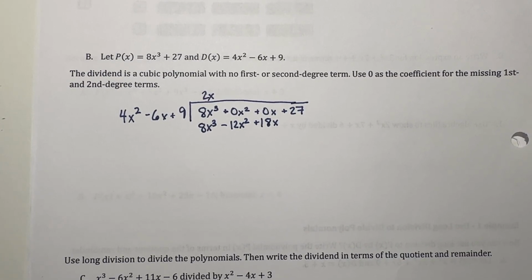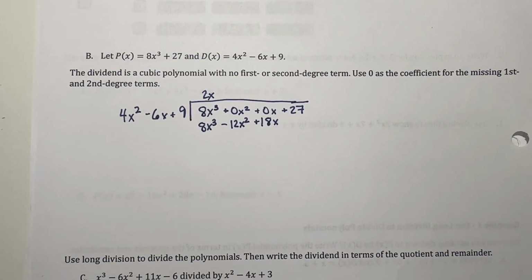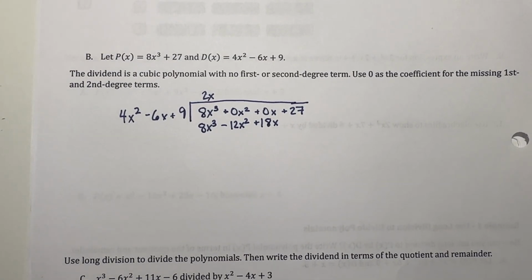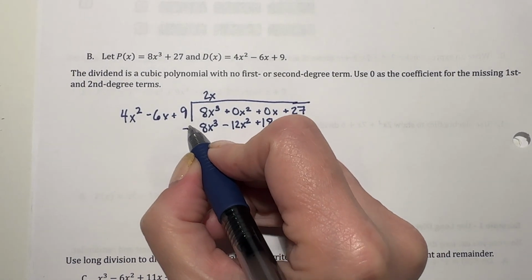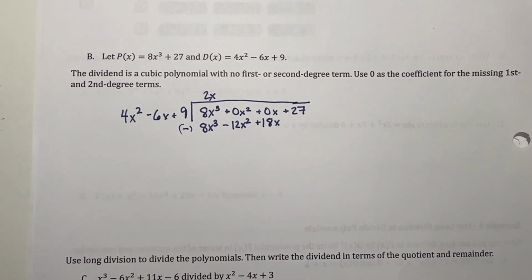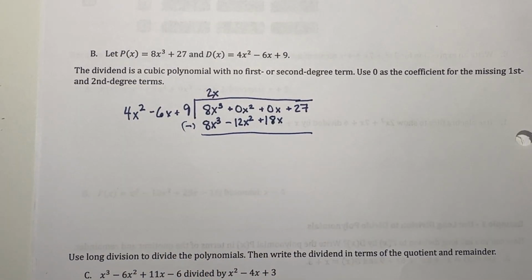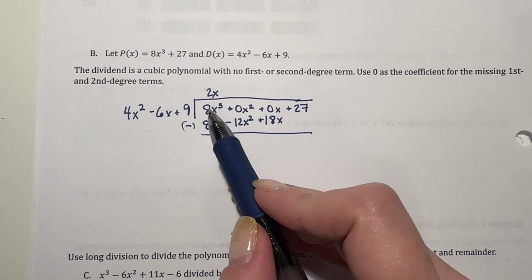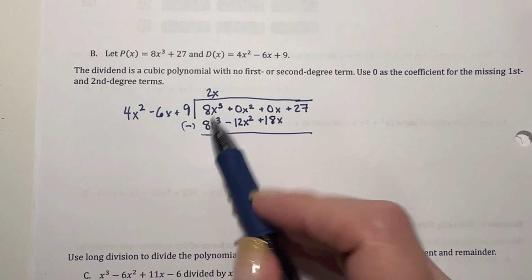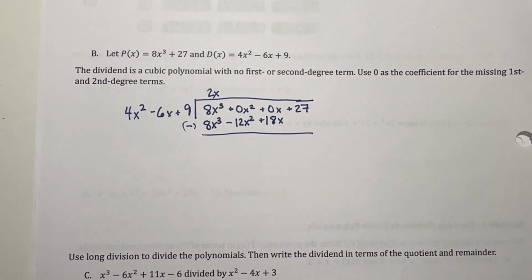All right, so back to our problem. Remember, here's the hard part. You have to force yourself to subtract. When you do that, you have to be really careful about your signs. Everybody gets the first term right, and people make errors on the remaining ones. So, of course, everybody's going to do 8 minus 8, and that's going to give you 0. Don't write anything down if it's 0.